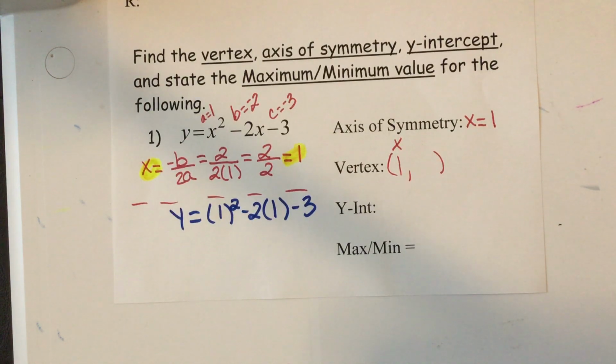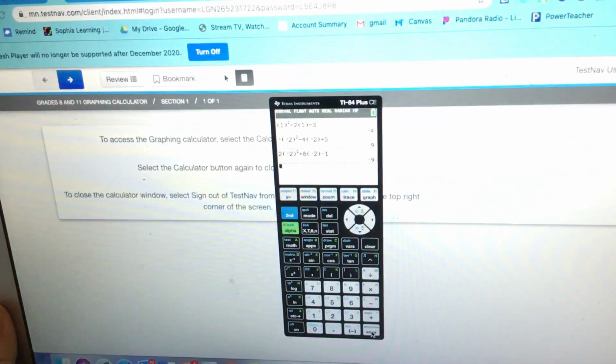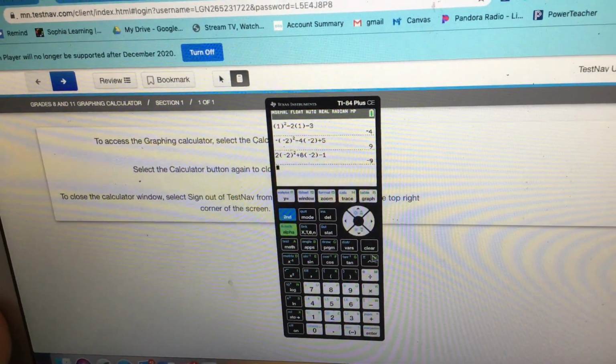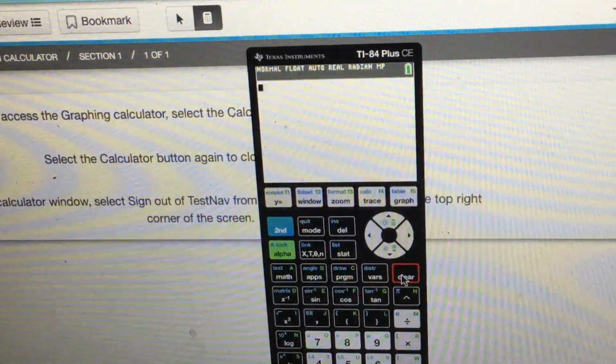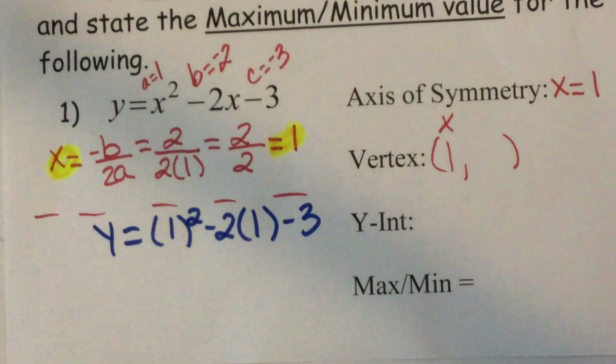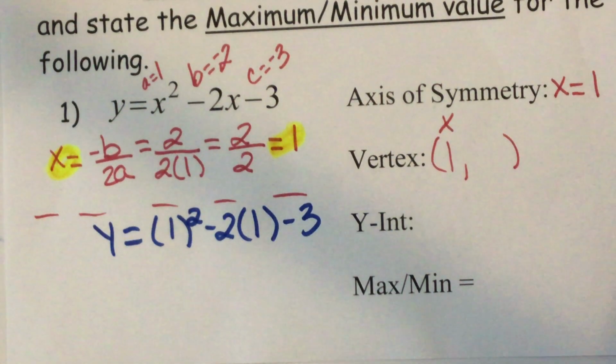All right, so I'm going to go to the graphing calculator again. All right, so I am going to clear this off. Okay, going to zoom in just a little bit. All right, what do I have? 1 squared minus 2 times 1.